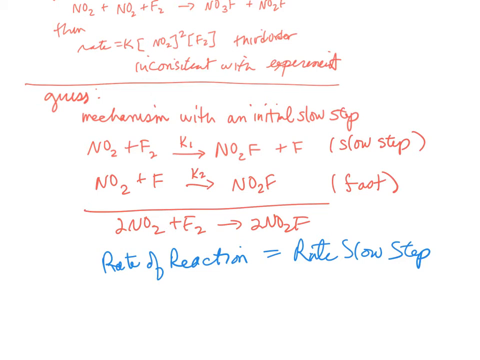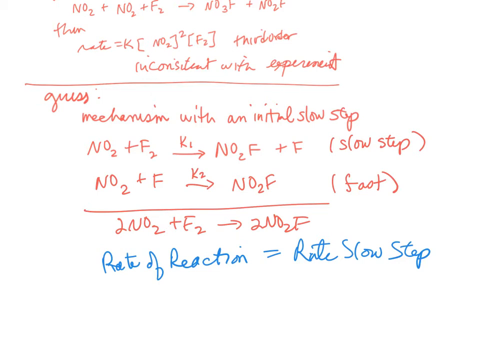And with chemical reactions, some of them are orders of magnitude faster than others. So it's a little bit more obvious how it would work if it were a chemical reaction. But that's the idea. It's going to take all the time to get through the slow step. As soon as the product species are formed in the slow step, they're quickly going to go on to form, in the second step, the final product.